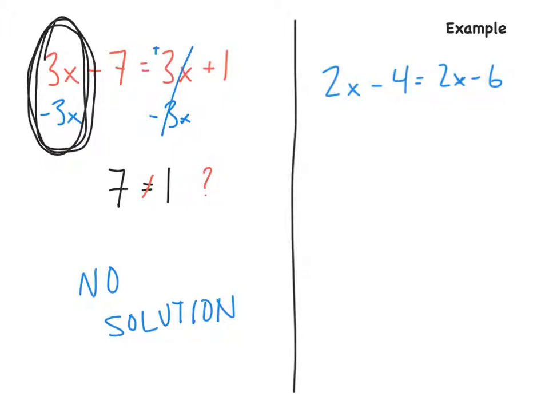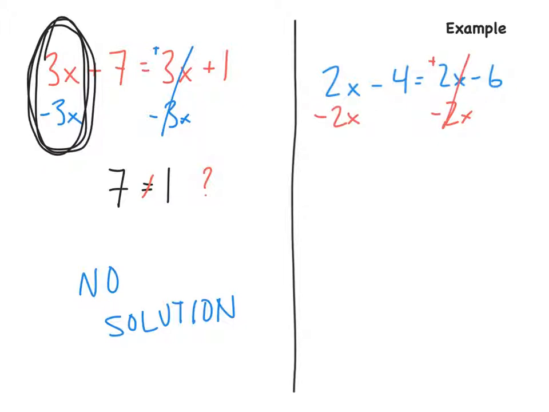Alright, so we have 2x minus 4 is equal to 2x minus 6. So we need to combine the variables. Let's try to move this 2x over to the left. Think of this as a positive 2x. So the opposite of 2x is minus 2x. So subtract 2x from both sides.